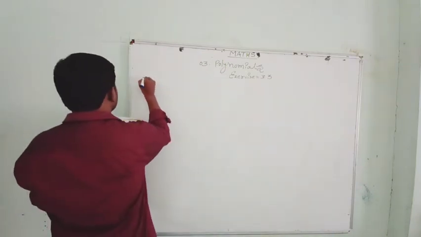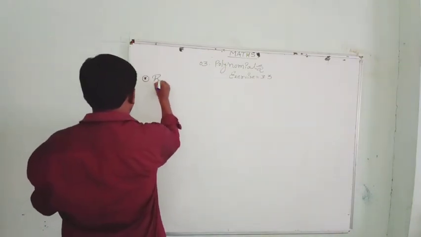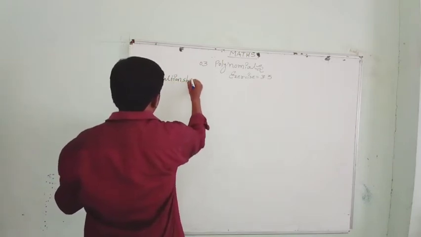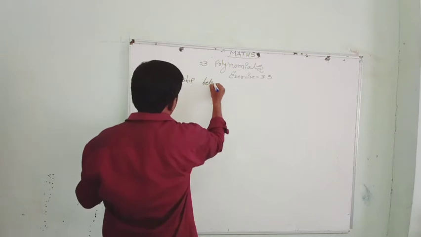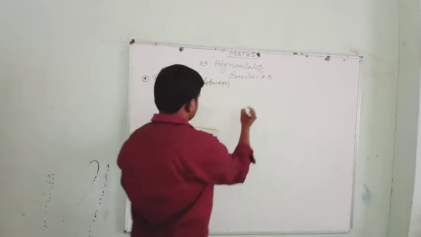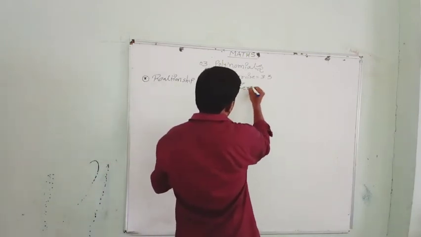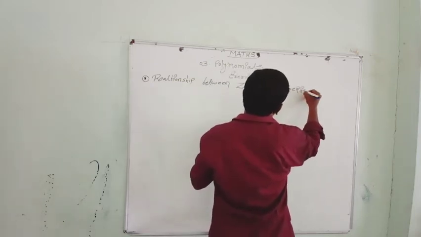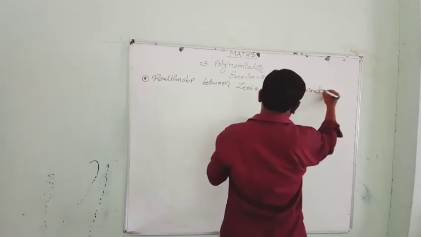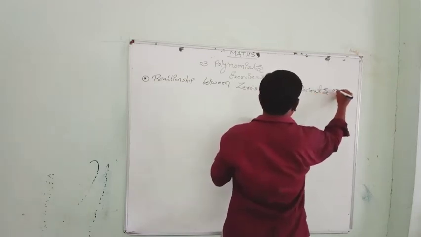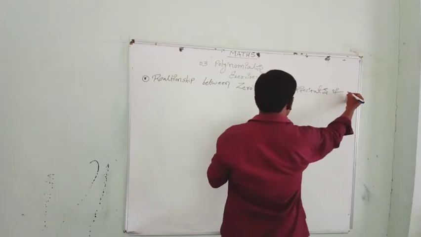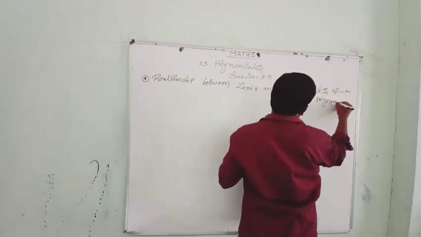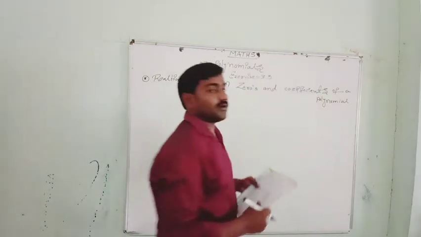We'll find out the relationship between zeros and coefficients of a polynomial.